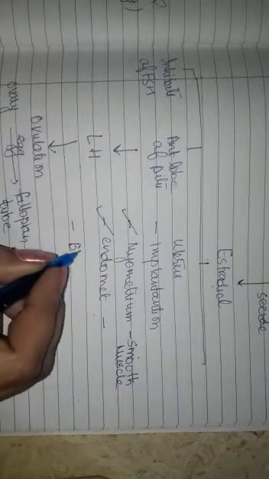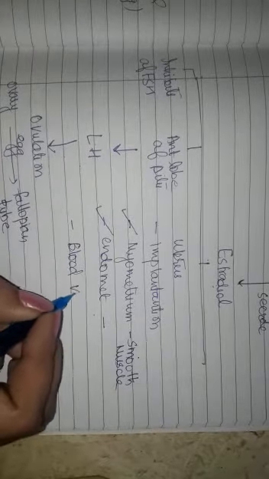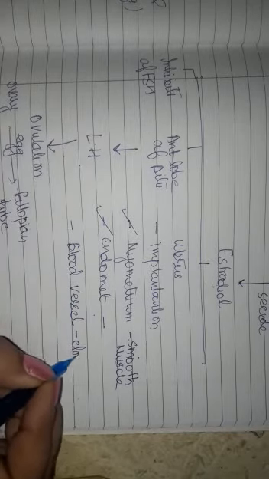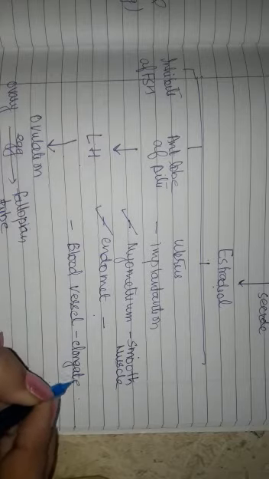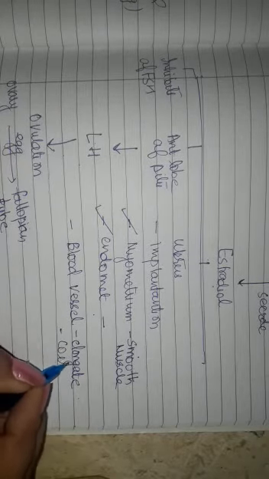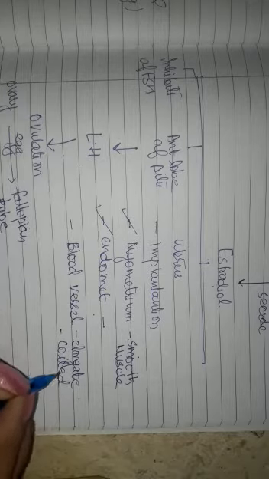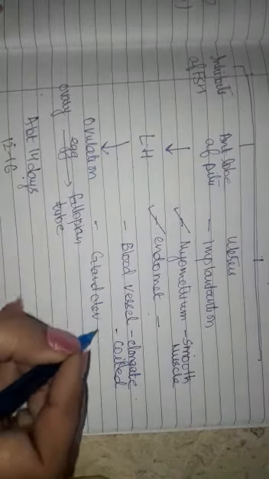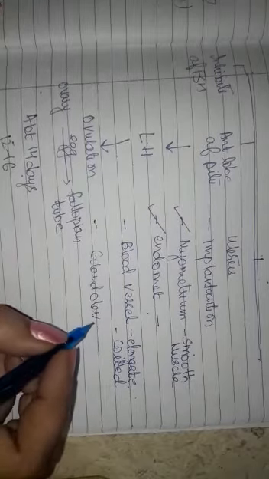The blood vessels which are present in the wall of uterus elongate, their length increases, and ultimately they get coiled. And there is gland development in the wall of the uterus.